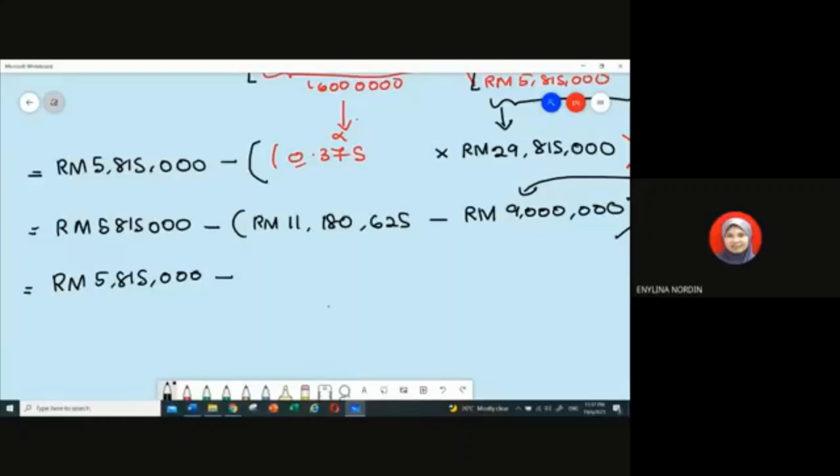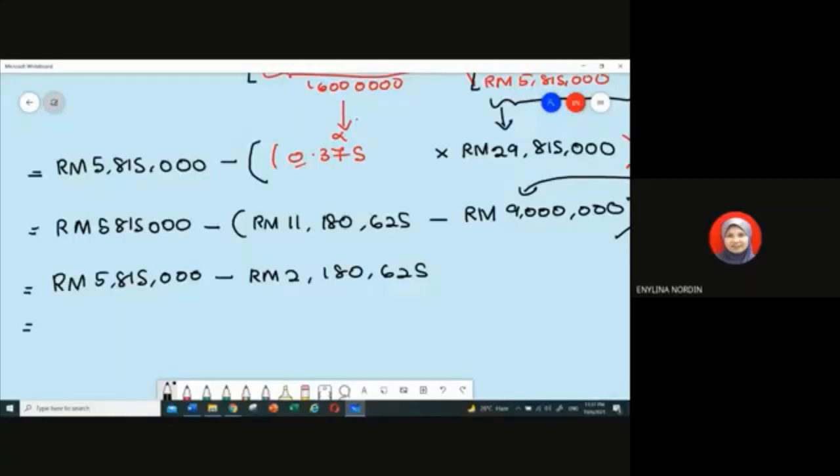Then the premium is still lower, 2,180,625. That means Keramat is still getting the benefits. It's still beneficial for Keramat to acquire or merge with Wangsa, even though Keramat pays more than 9 million. All right, then the premium is 2.18 million.